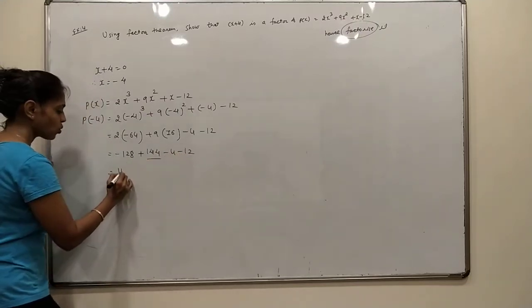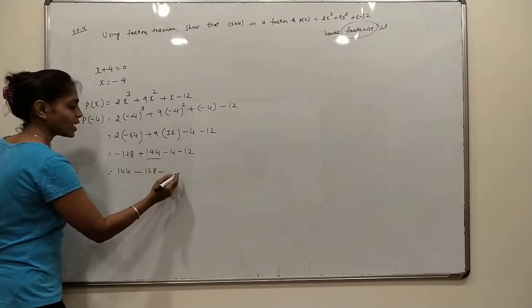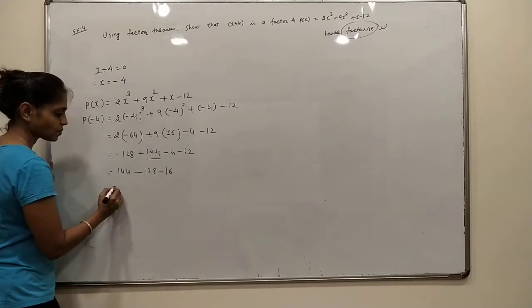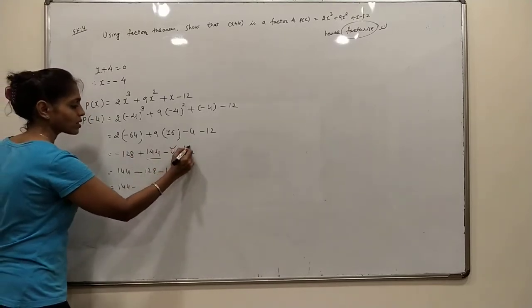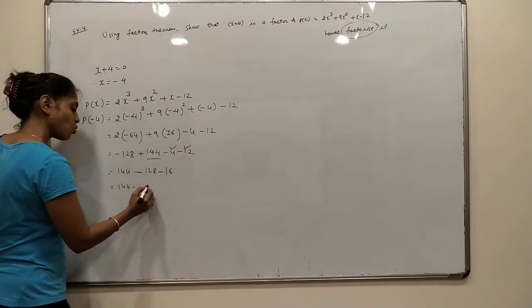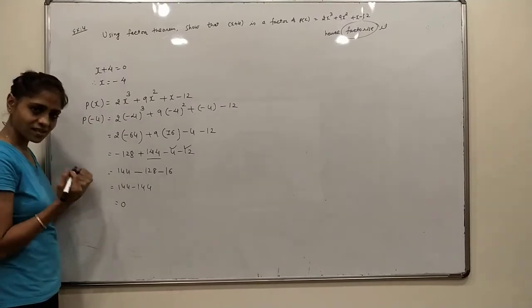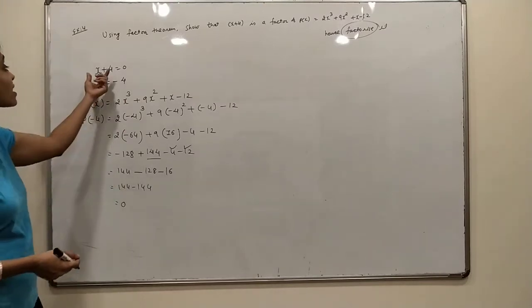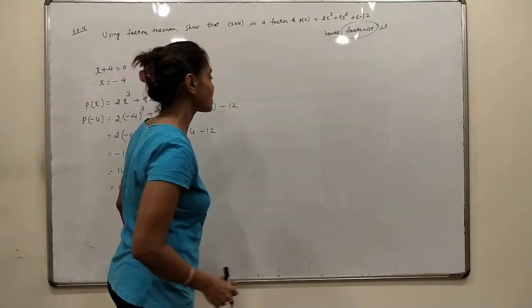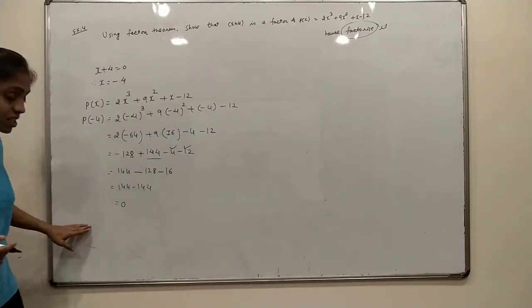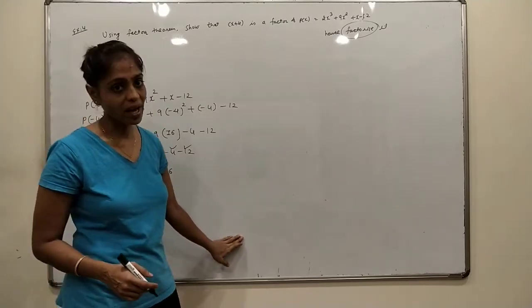So 144 minus 144, hence 0. Yes, remainder is 0, hence x plus 4 is a factor, and if it is a factor then factorize it. Write yes, x plus 4 is a factor of p of x.